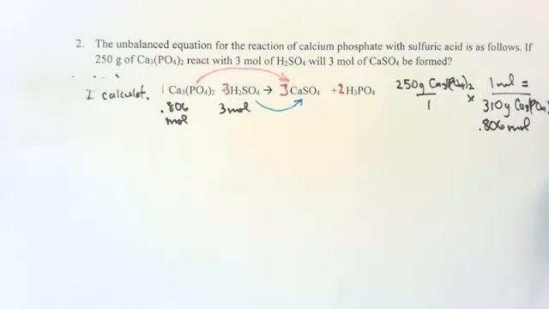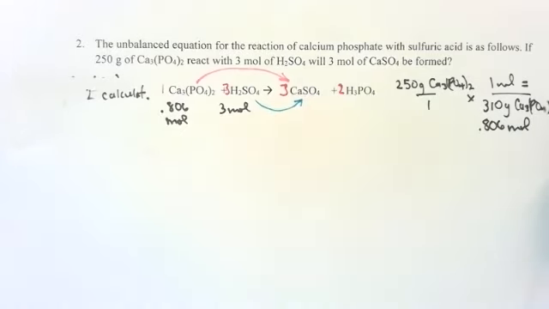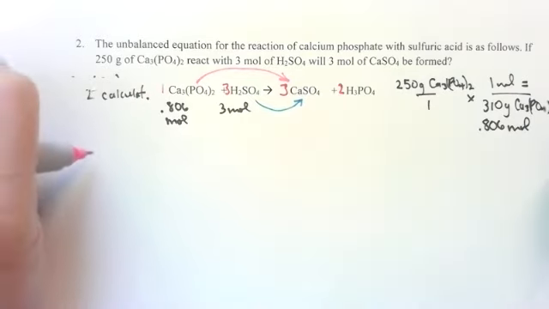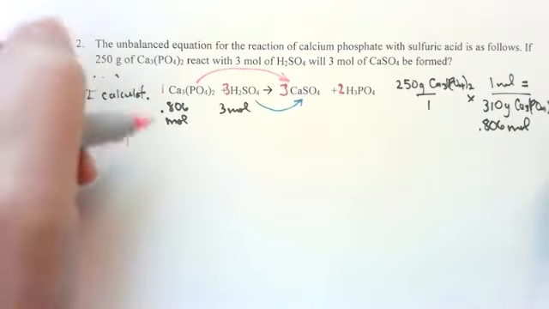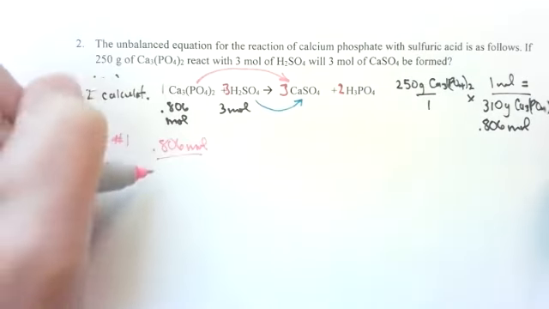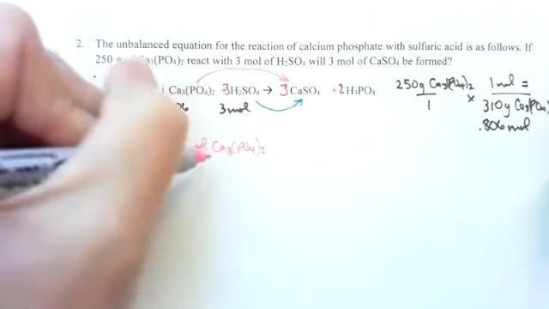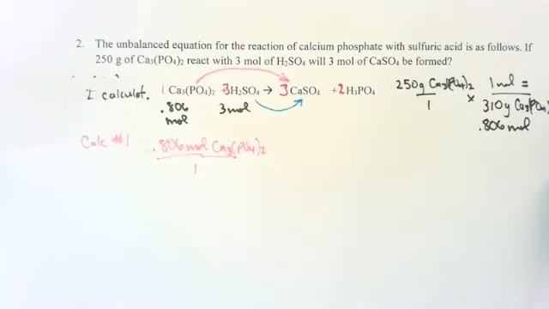Okay, keep in mind that when we go mole to mole, we can just solve for moles here. So let's frame this up. Let's do calculation number 1. I have 0.806 moles of Ca3(PO4)2. I'm going to put that over 1.